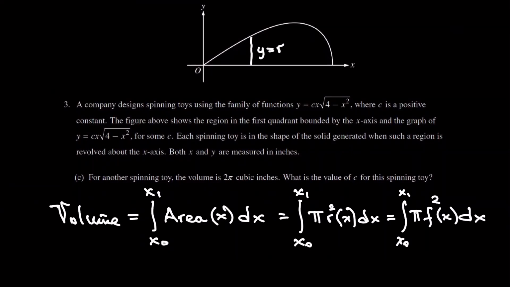So let's just plug in the values. We know x0 is 0, x1 is 2, and the functional form is given to us too.